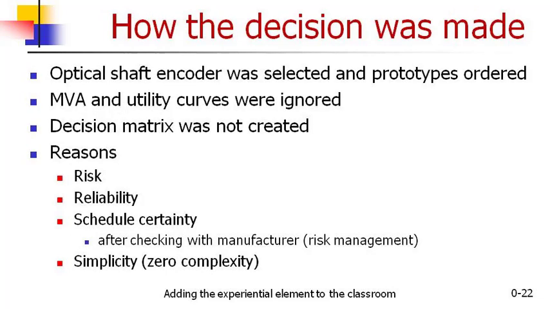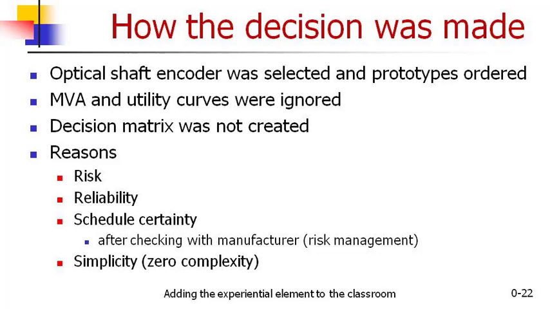How the decision was made. We selected the optical shaft encoder and ordered the prototypes. We totally ignored MVA and didn't bother with utility curves or a decision matrix. The reason was basically risk, reliability, schedule certainty, and simplicity. It was the lowest risk.